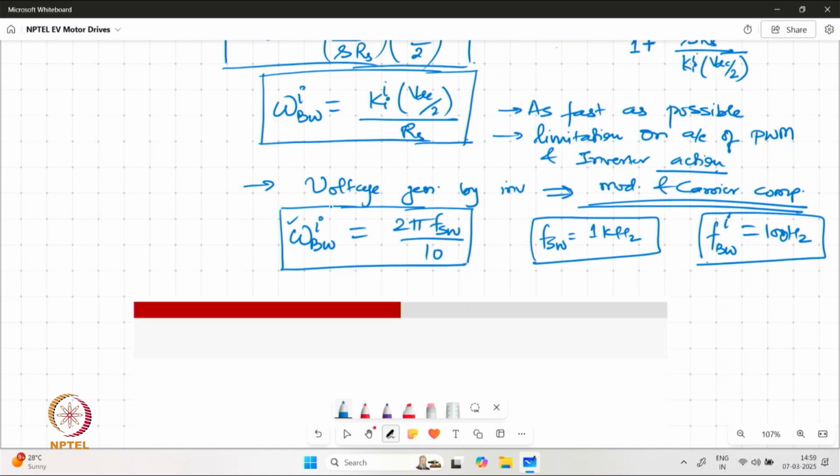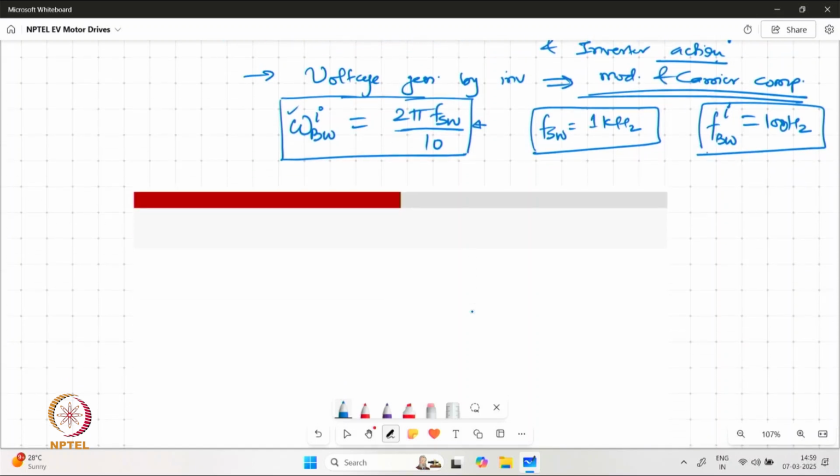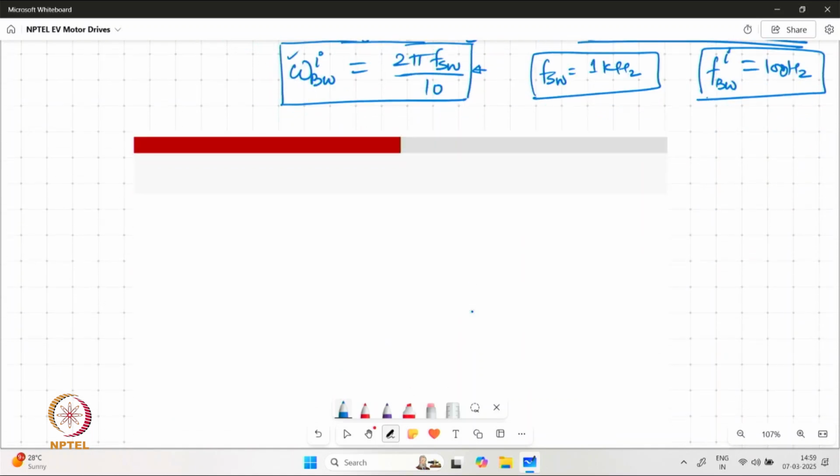So for the purpose of omega, 2 pi is included in this equation. Hence, the bandwidth can now be equated to 2 pi fsw by 10.